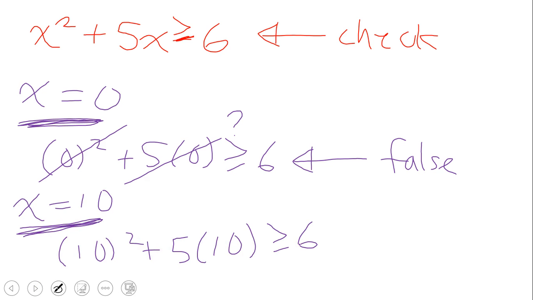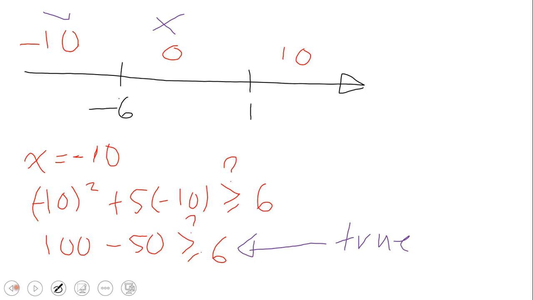Basically this amounts to 150 greater than or equal to 6, which of course is true. So this region is going to be in my solution set. It's greater than or equal to, so I'm going to include the boundary.